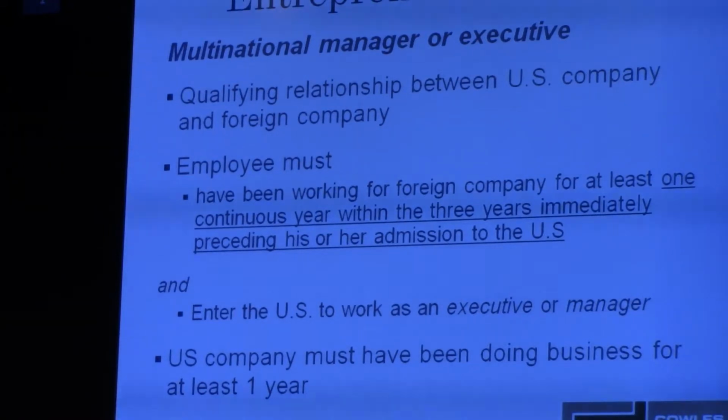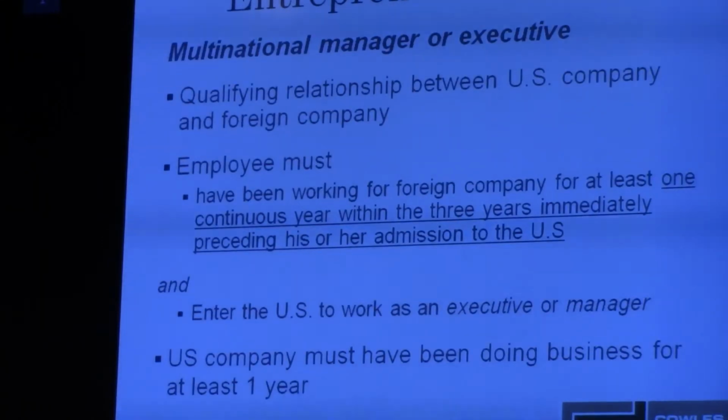Right. The interesting thing with the multinational manager executive petition is that the requirements are pretty similar to the L1A manager executive employee. Right. And that's why it's sort of an easy segue, but it does have its own separate requirements.